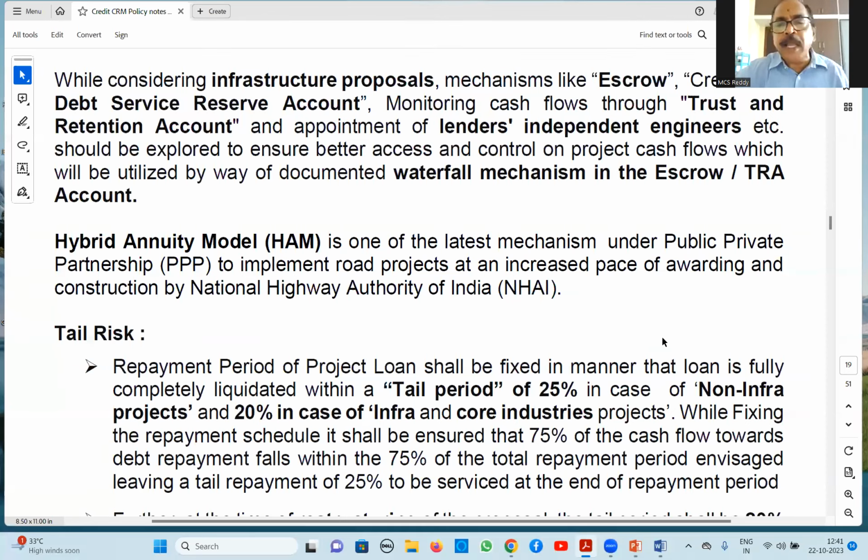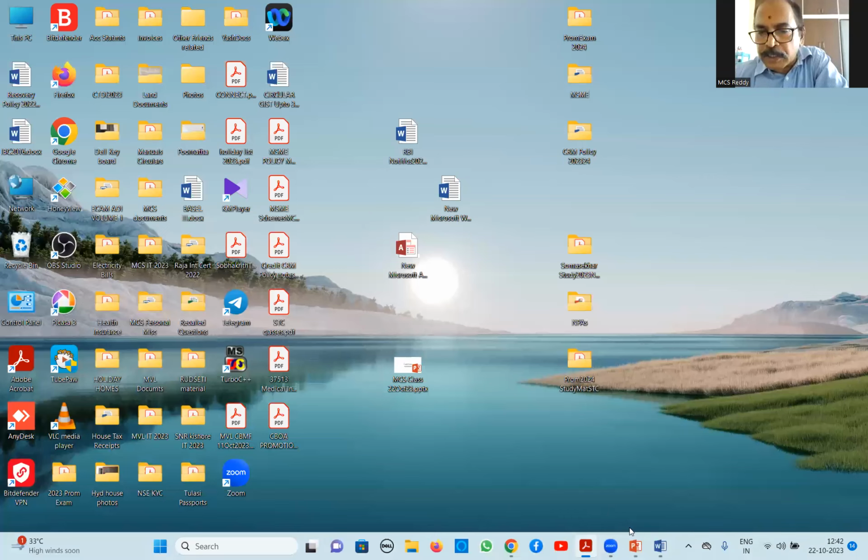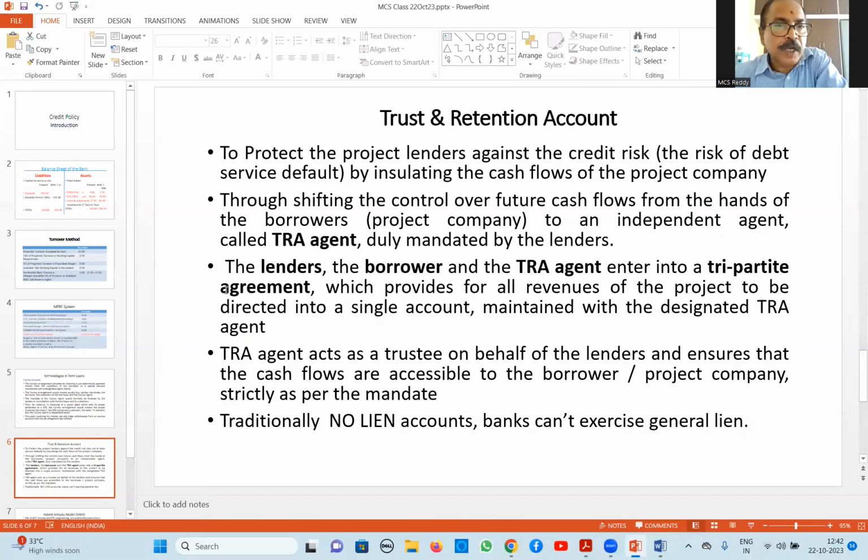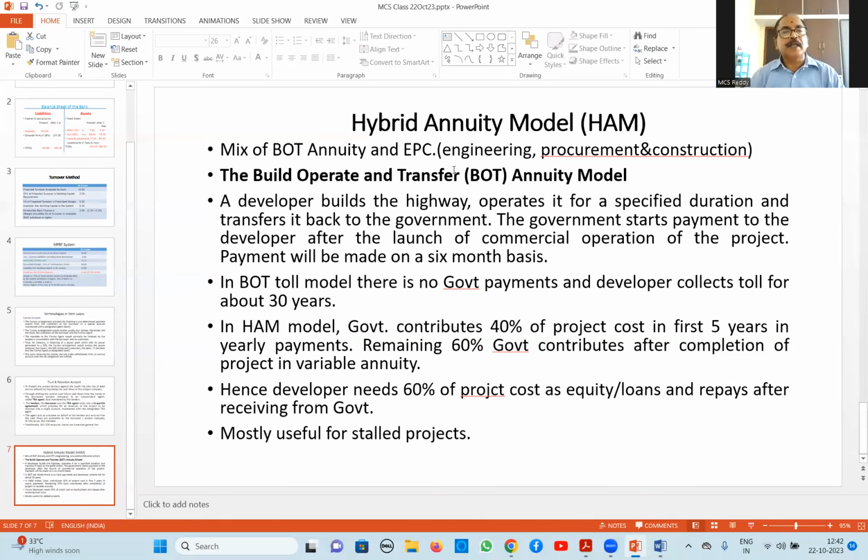Next, the hybrid annuity model. This is also a little higher level. They ask questions, even in interviews. That is why I will discuss briefly what this hybrid annuity model is. Normally, BOT means build, operate, and transfer. Take road projects, for example.